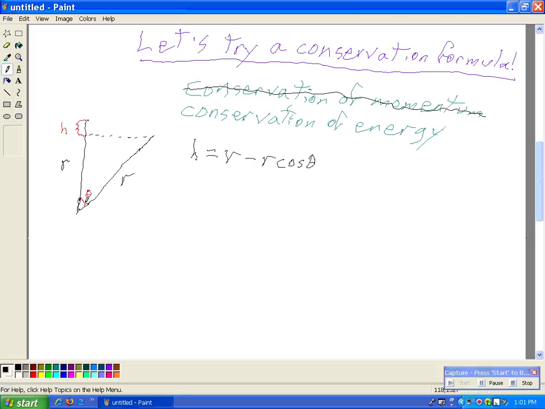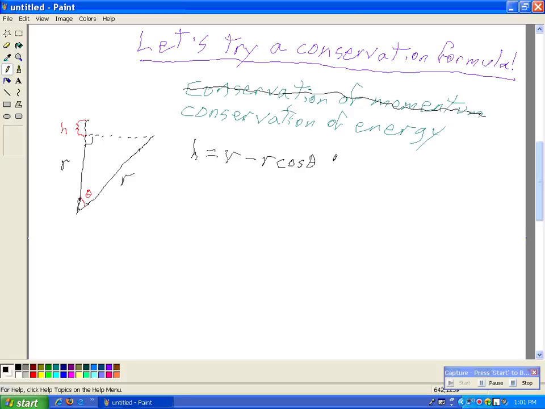How did I get that? Well, here's the right triangle. R cosine theta is this piece right here. R is this whole thing. So it's this whole thing minus this piece, r cosine theta, that will give us h.